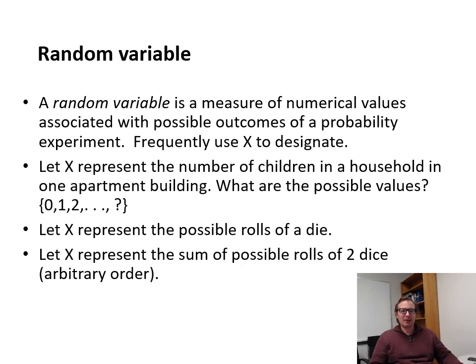As another example, X can also represent the possible rolls of a die. And finally, X can represent the sum of possible rolls of two dice that are rolled in an arbitrary order.